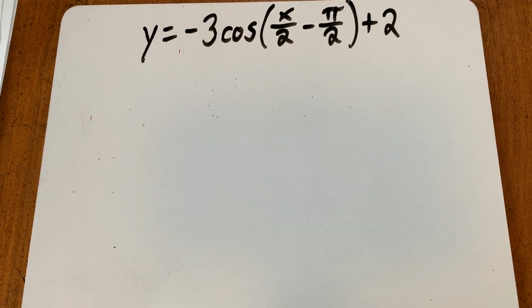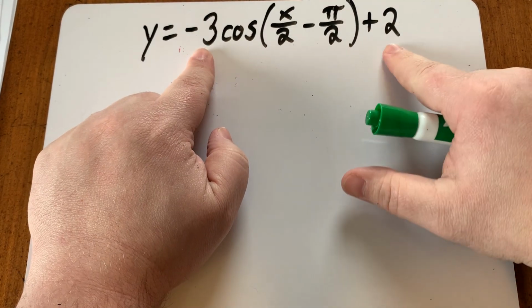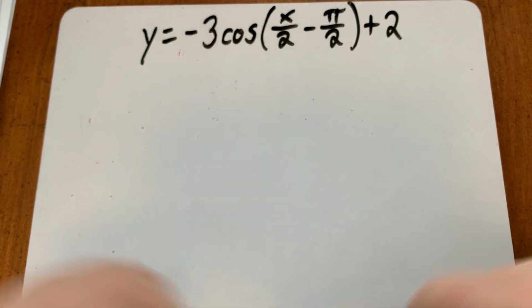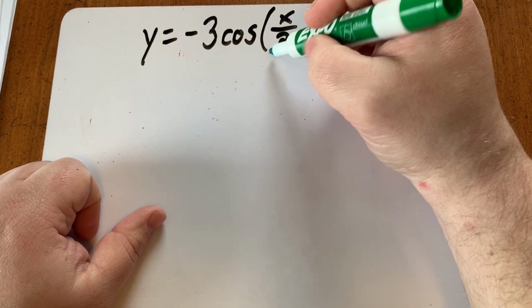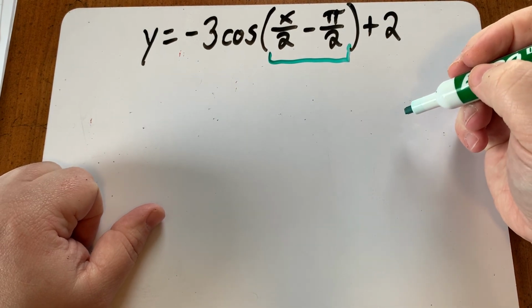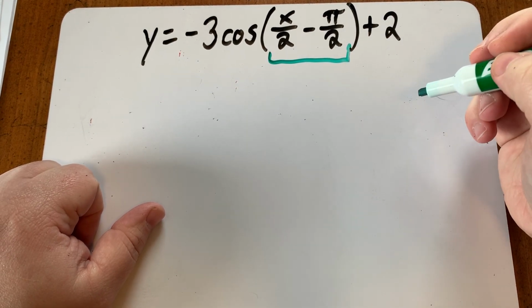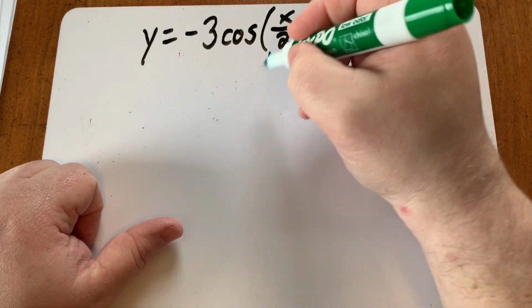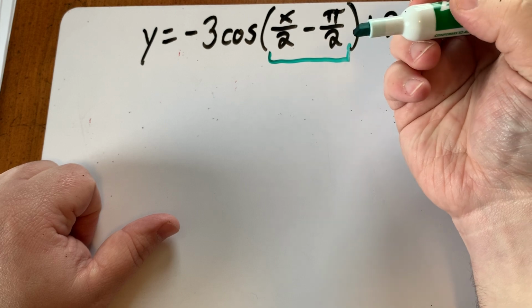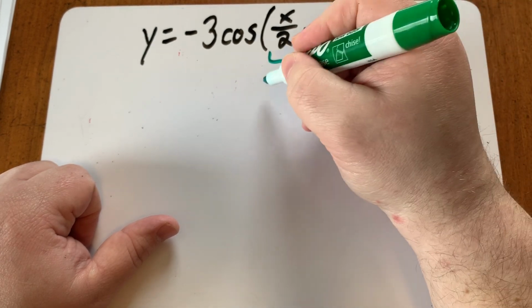So the vertical came from A and K. The horizontal comes from inside here. The first thing you want to do is factor out what you're multiplying x by. In this case, it's x divided by 2. Dividing by 2 is the same as multiplying by 1/2.